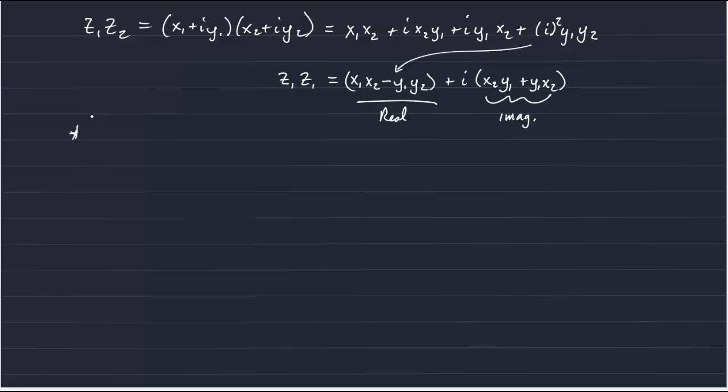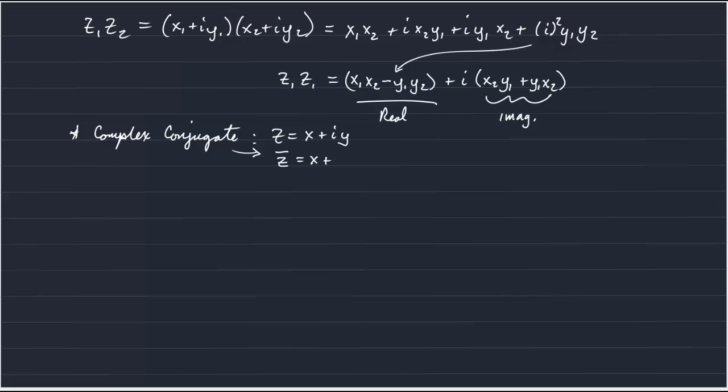Another concept I'd like to talk about is the complex conjugate. If z is equal to x plus iy, the complex conjugate, written with a bar over it, is equal to x minus iy.